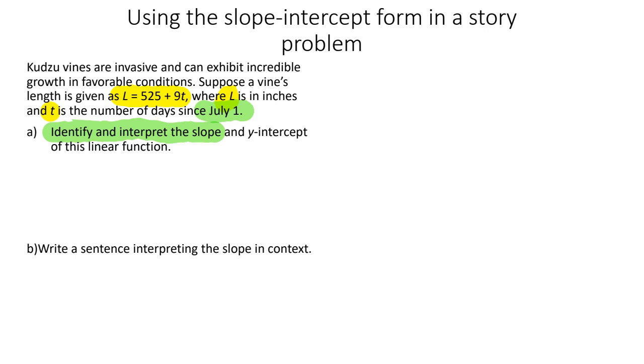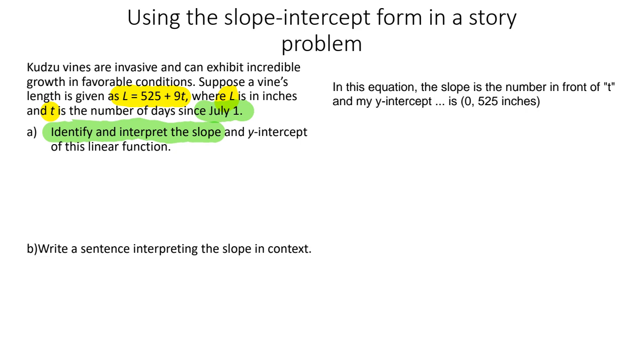Now in this equation, the slope is the number in front of T, and my y-intercept is 0, 525 inches.